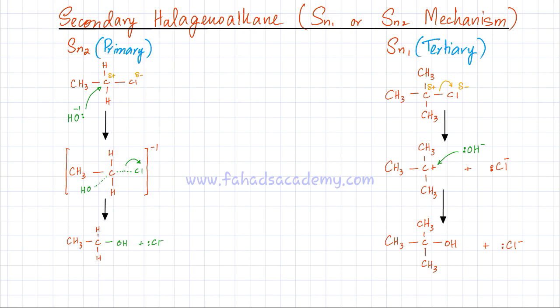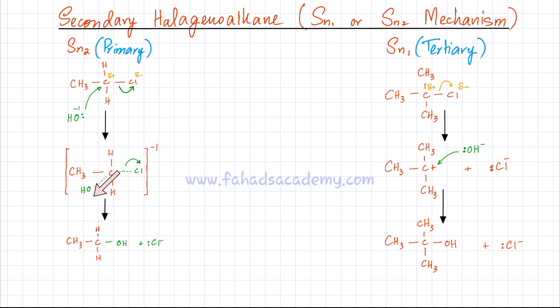and its electrons can be attracted to this positive carbon atom. And as it does that, the electrons in this C–Cl bond are going to get repelled. Slowly this OH would approach and the electrons in this bond would get repelled. So this is the second step of the reaction, called a transition state.